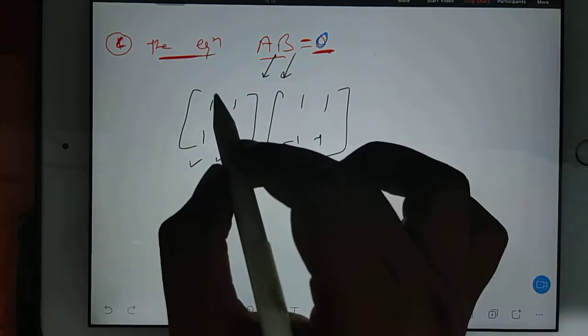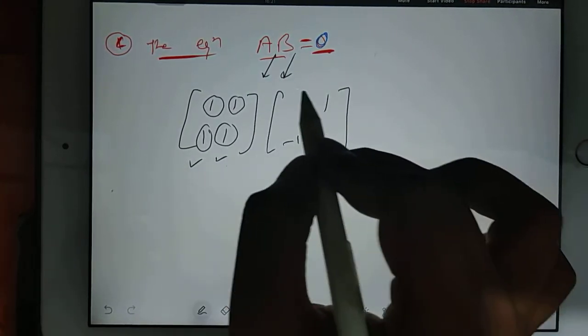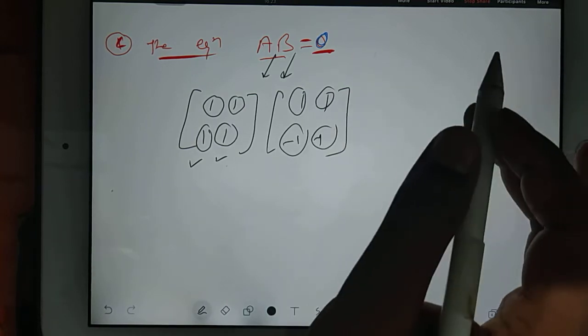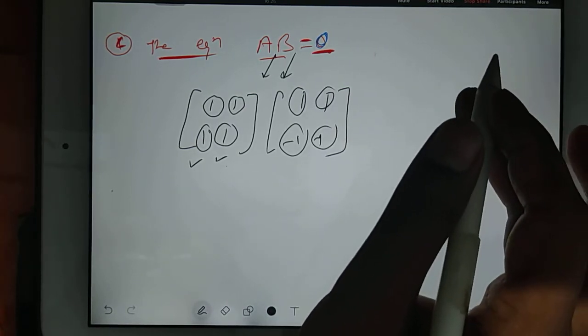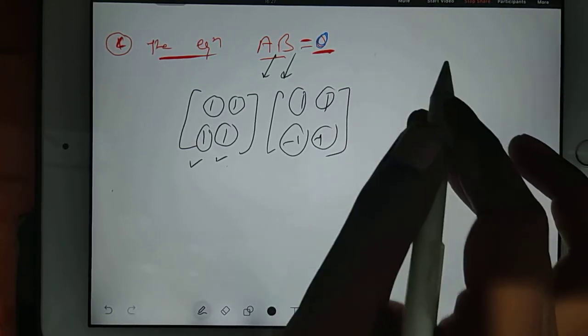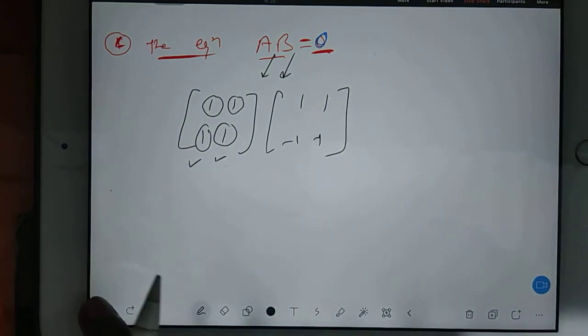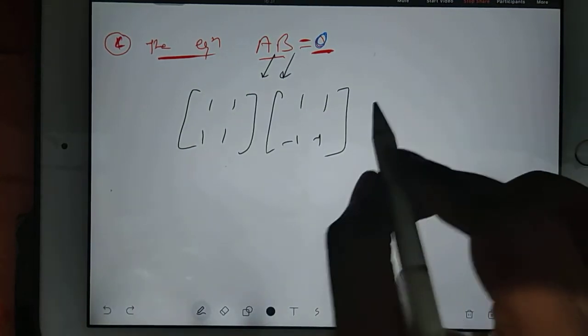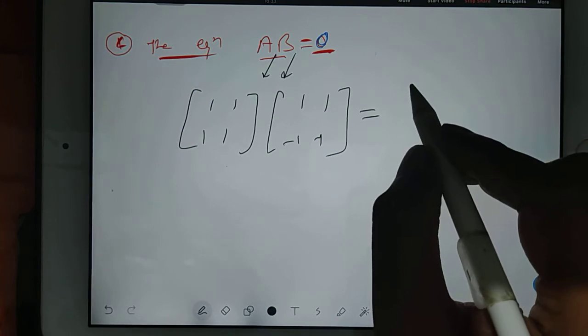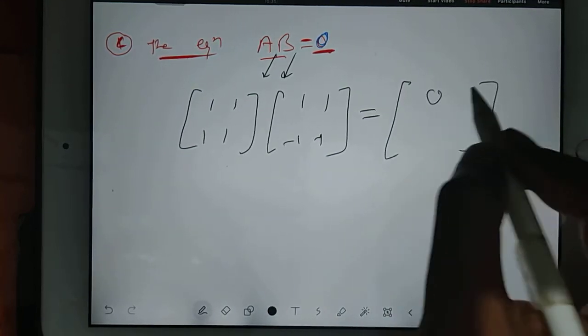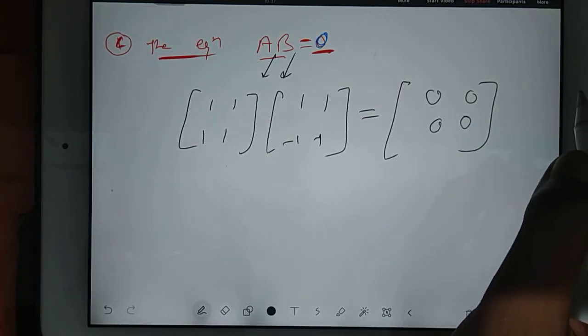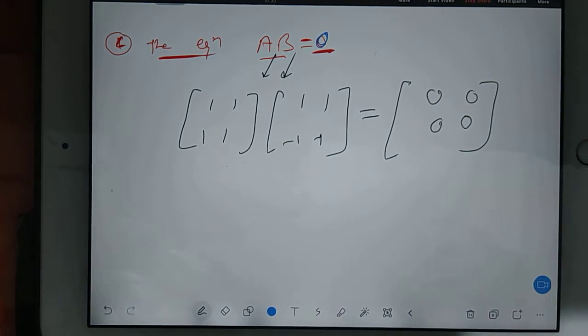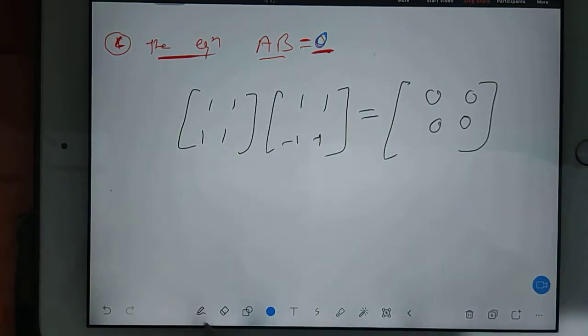Here the values are completely given, right? So neither is a null matrix. But if we multiply them, what kind of matrix are we going to get? We are going to get the null matrix, completely 0, 0, 0, 0. You can verify this. No need to verify, just copy down this.